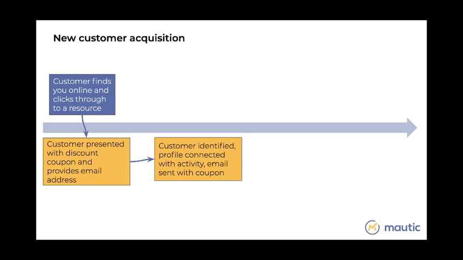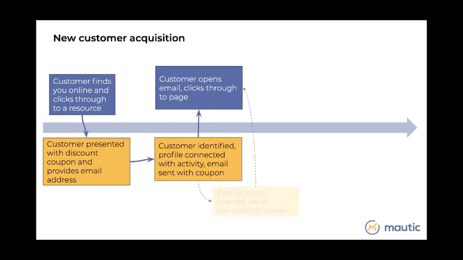So with the email address, you can attach all the activities that person has carried out on your website, and then send the person an email with a coupon. When the person opens the email and clicks through those pages, you can proceed further.